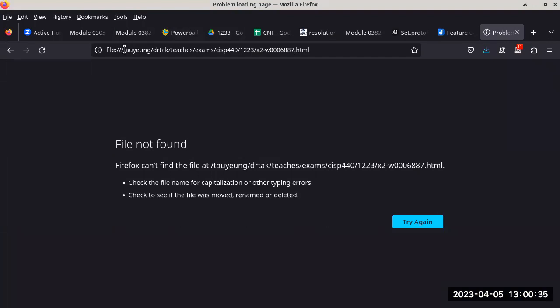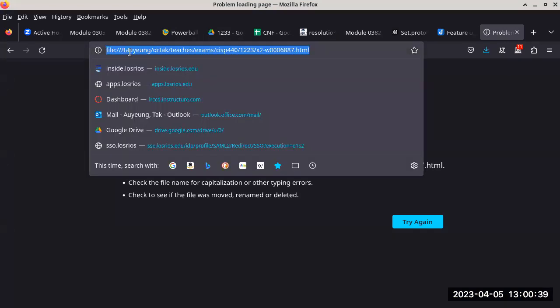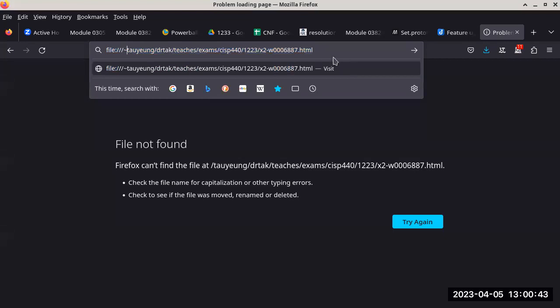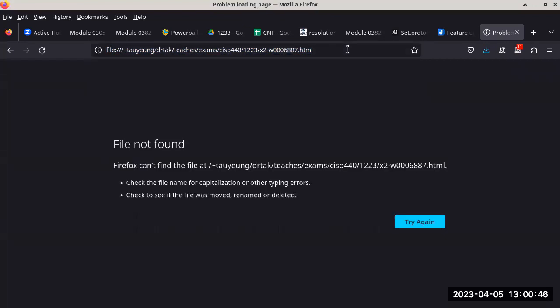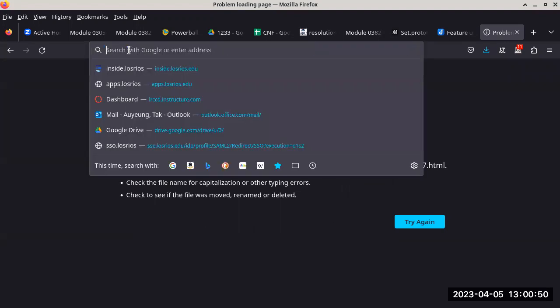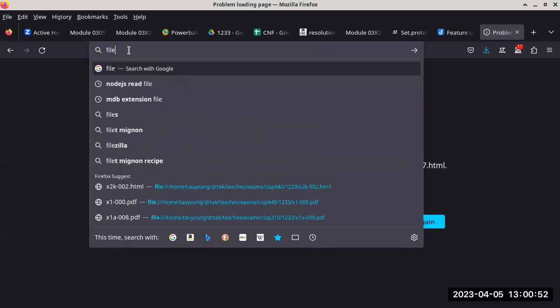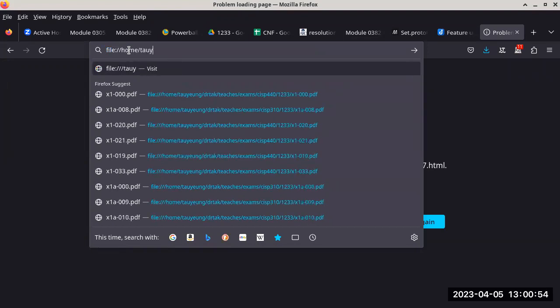Oh, great, yeah. I think it's supposed to be 3. Oh, because I need a tilde. There we go. Now we can find it. Nope. Oh, I think I know what. It's supposed to be home that.